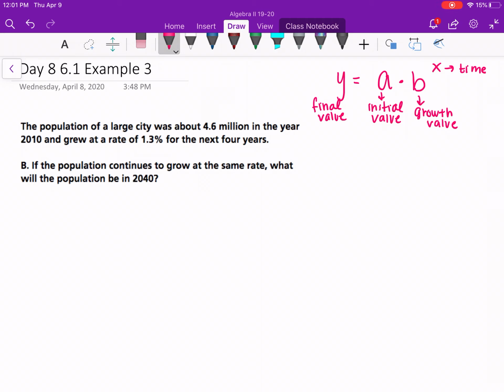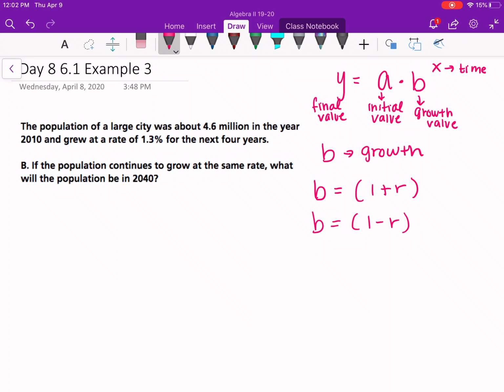But we really need to break down this B term, okay? So B is, in fact, your growth value, okay? And typically, we're not going to always see it as just a number B. We're going to open it up and we're going to say that B can either be 1 plus R, or B can be 1 minus R, okay?